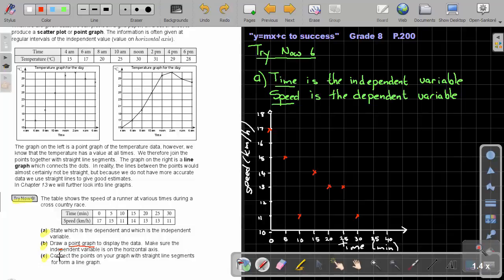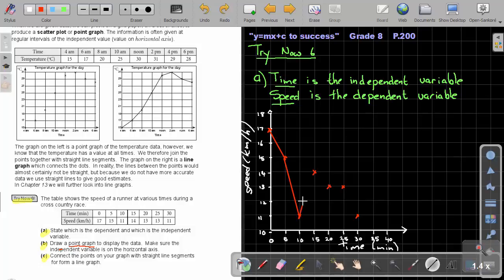Then number D: connect the points on your graph with straight line segments to form a line graph. Basically we're just going to use our ruler and make sure you join the correct points.